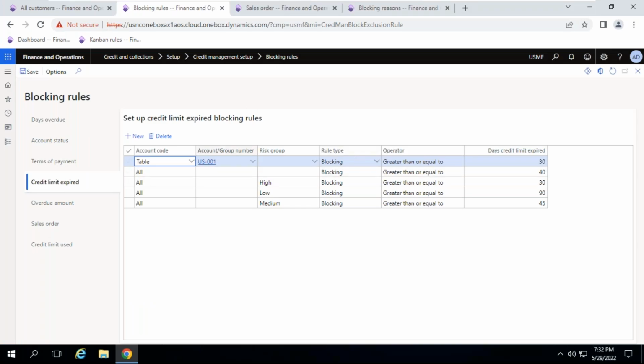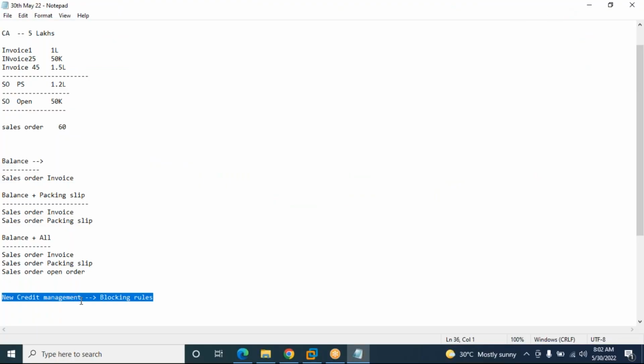This is majorly blocking rules. Even though for naming convention it was given as credit management, it is a blocking. But in a normal scenario, business will not use this, in my opinion, because in one city there are more than 100 electronic shops, for example.